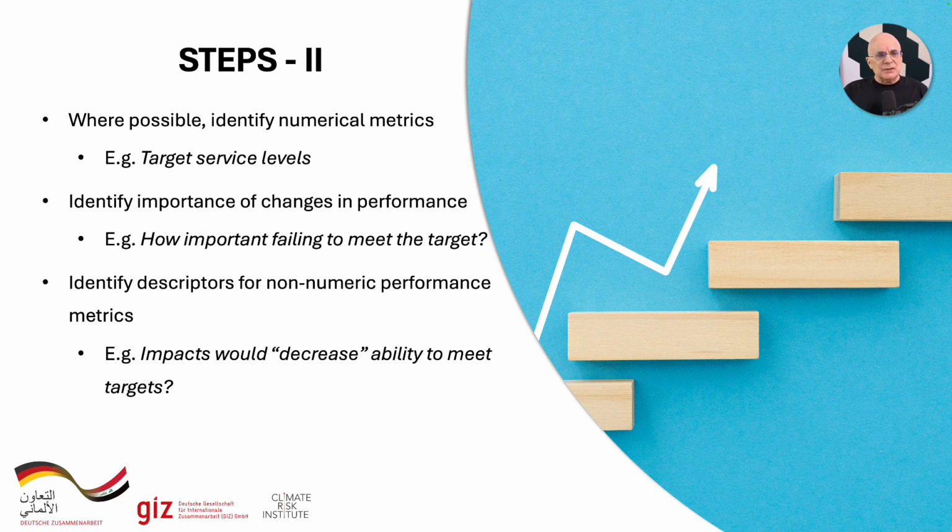And we identify descriptors for our non-numeric performance metrics. These are things where it's just difficult to quantify. So we would use professional judgment, for example, to come up with an assessment of how important it is to fail to meet this particular metric. Example, impacts would decrease our ability to meet these potential targets.